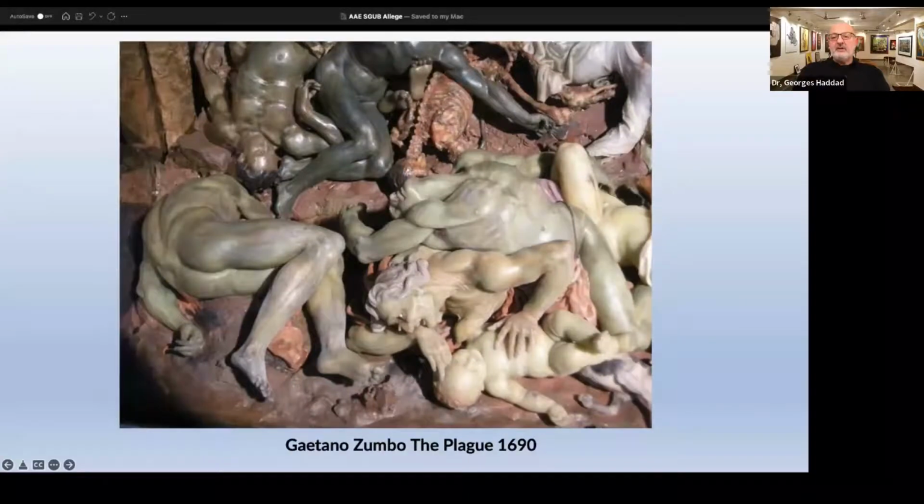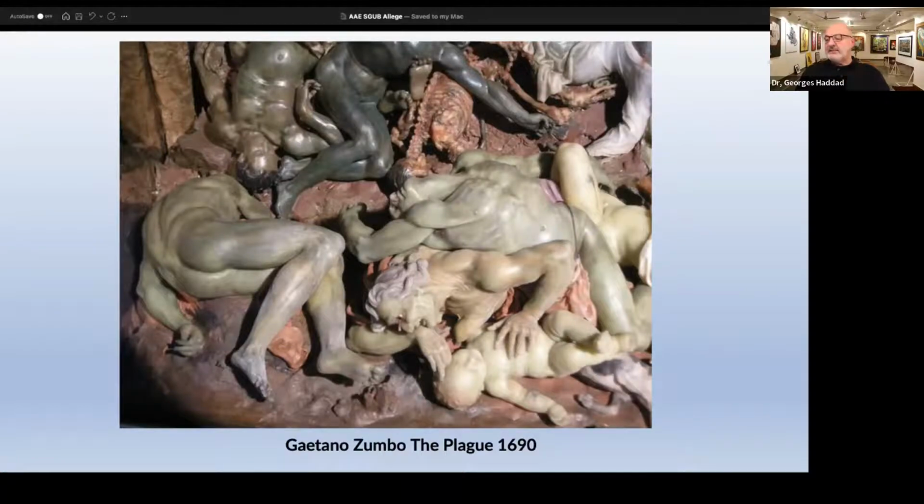So you have those who have just died, those who have died for a while, and those who have been dead for a while, blackened. And they are also of different ages, from the newborn, or from the child to the elderly. And all of them are in a mass grave, and they are at different ages of putrefaction.